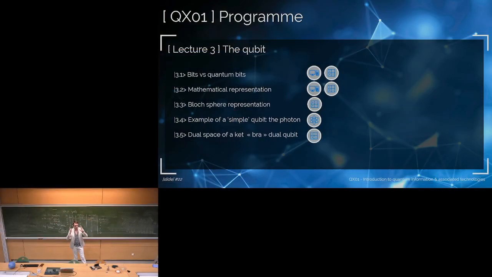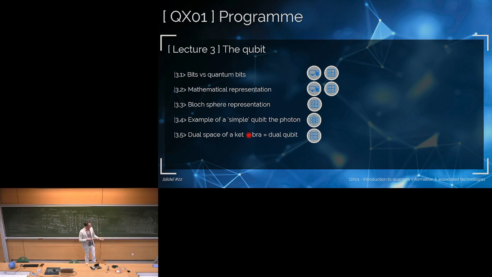But it's for you to understand how in practice we can encode information onto a photon. The second system that I'm going to talk about today will be to use what we call the spin of an electron. An electron has a particular quantum property, like all particles, which is what we call a spin. This also has 2 states, and this also can be used as a quantum bit. That we will see later on.